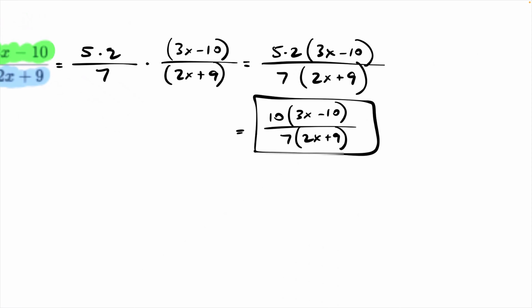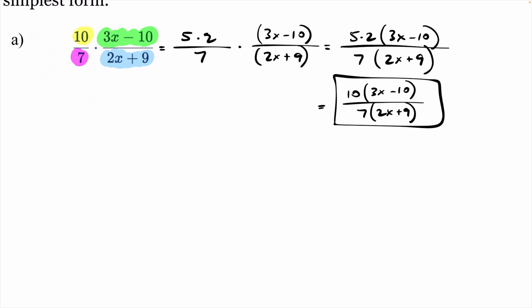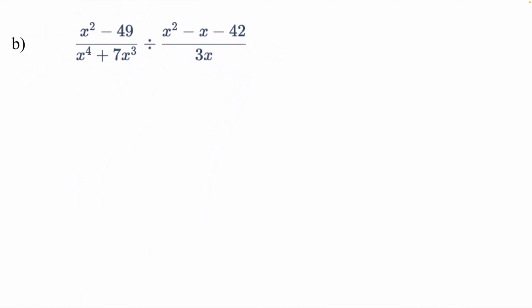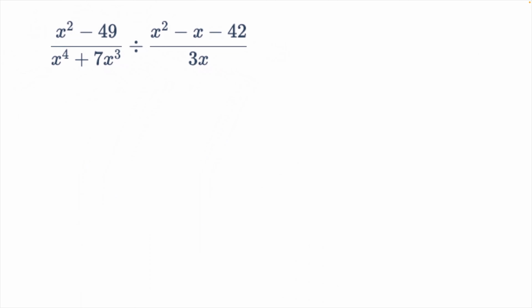All right, let's look at B right underneath. B has everything. It's got monomials, binomials, trinomials, and it has division. So the first thing I've got to do is take care of that division. What do I do to get rid of the division? Keep, change, flip. So what does that look like?